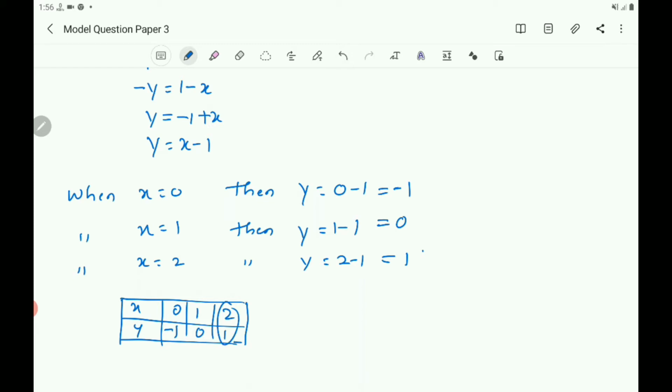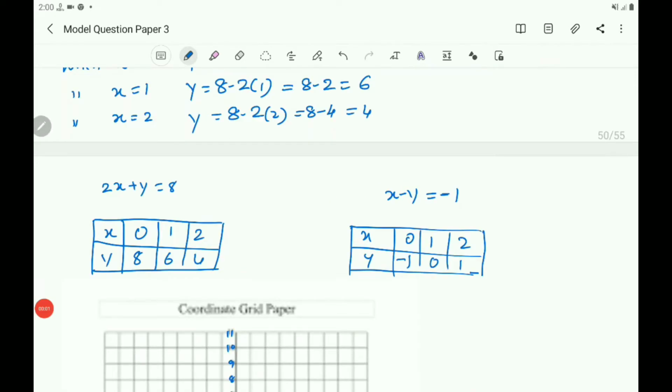Now let us draw the graph of these two linear equations, and let us solve the pair of linear equations in two variables. Here this is the column for 2x plus y equals 8, and this is the column for x minus y equals 1.